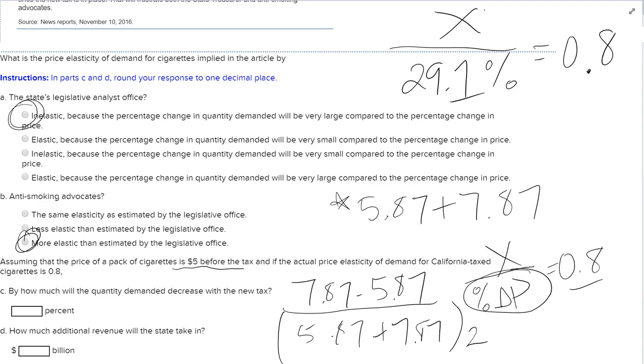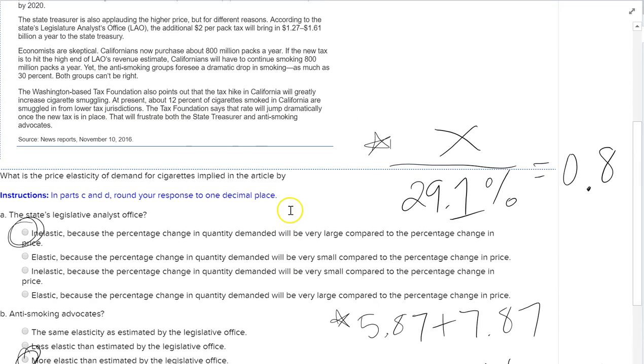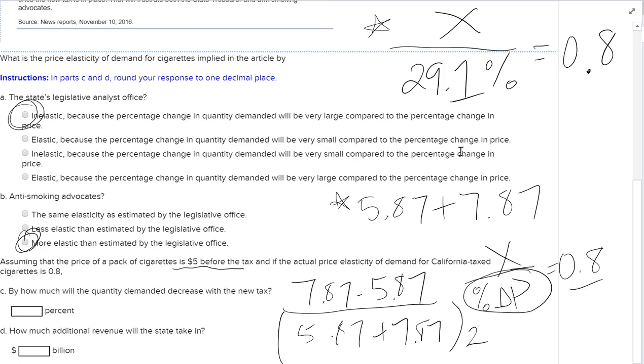You can figure out $2 per pack in additional revenue times the change in the number of packs, because that's what you're going to get from X, and that's going to be a percentage change. So you can look at the 800 million packs a year, multiply that times the percentage change, get the number increase, multiply that value by $2, and you should have your values there.